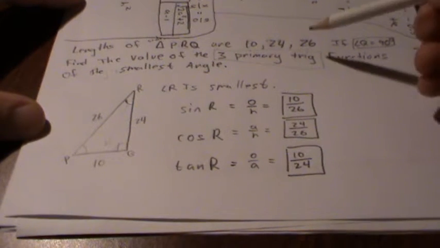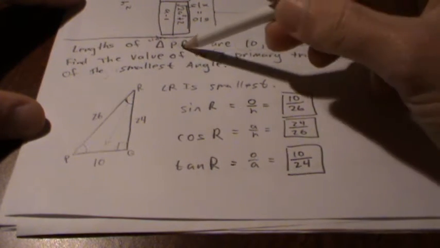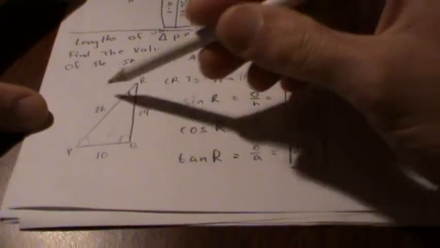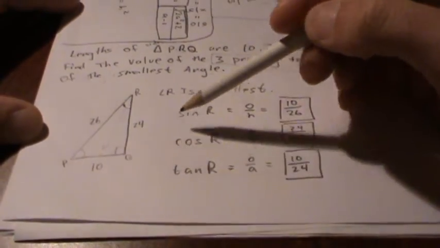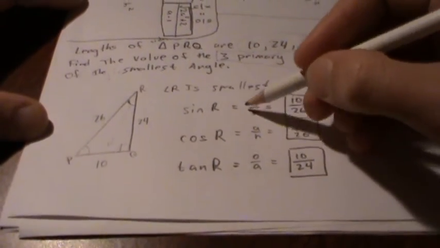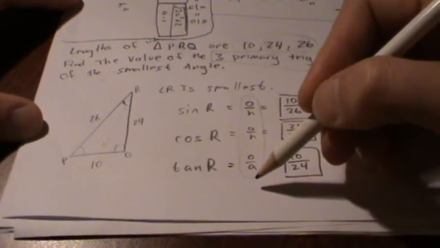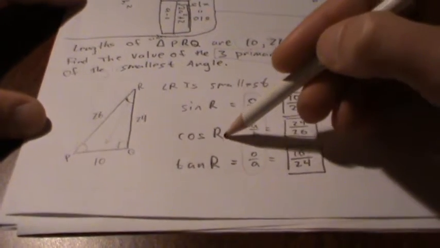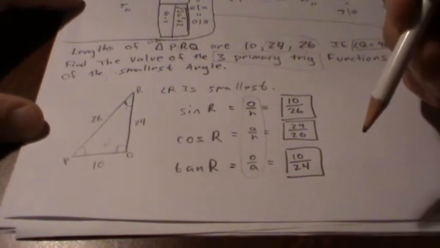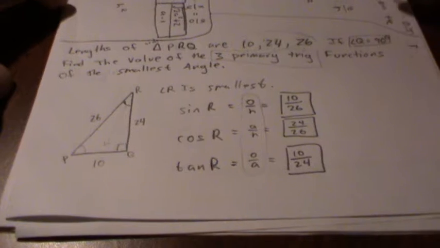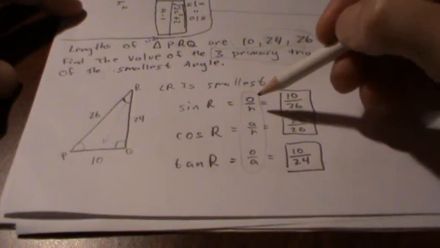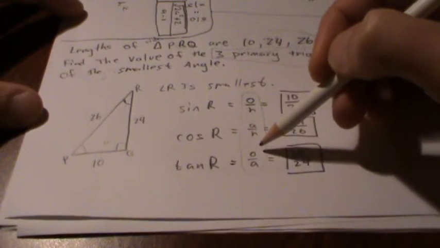So all I needed to do was set up the triangle, and be able to read this and set up a nice triangle. Then I use the SOHCAHTOA definitions to figure out the sine, cosine, and tangent. If you notice in these questions, sometimes you use opposite over adjacent, opposite over hypotenuse, adjacent over hypotenuse.